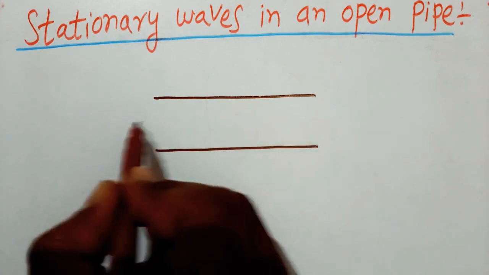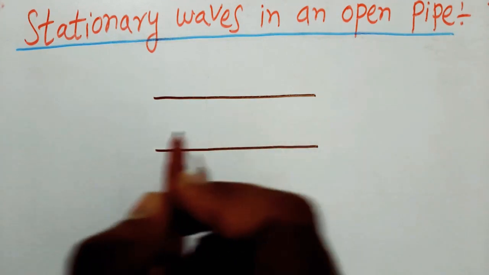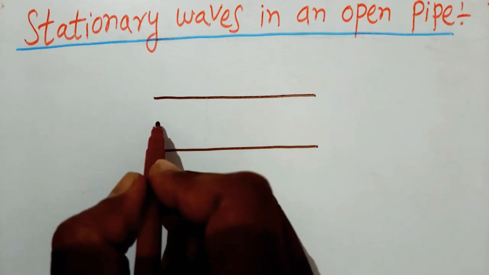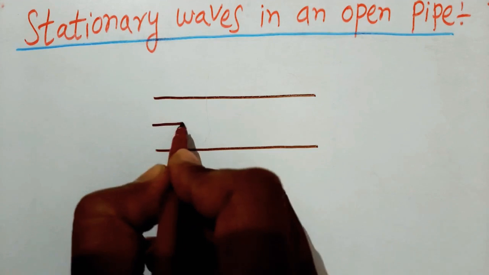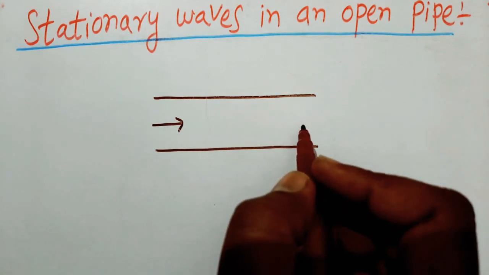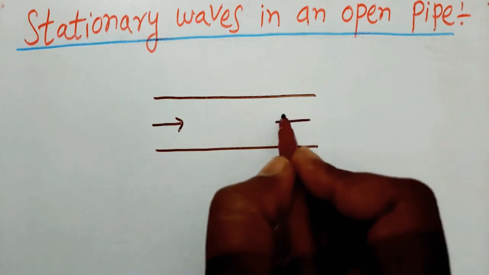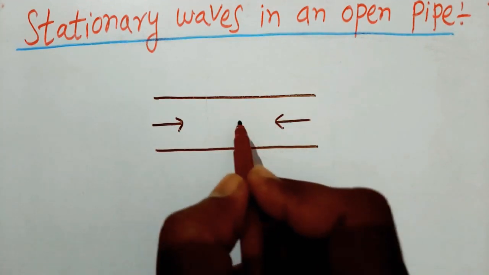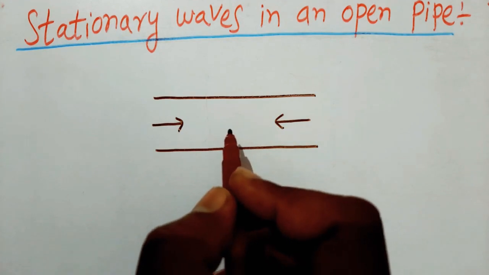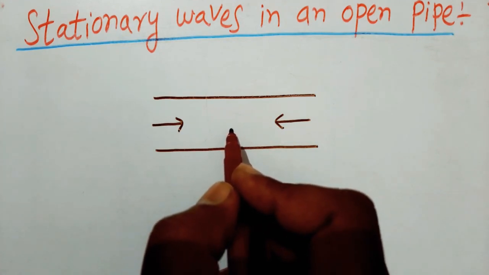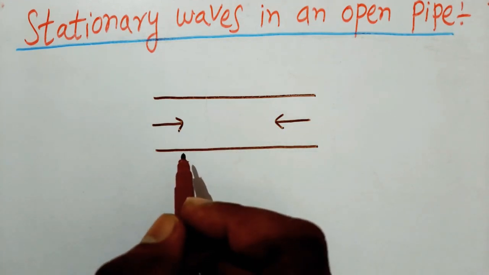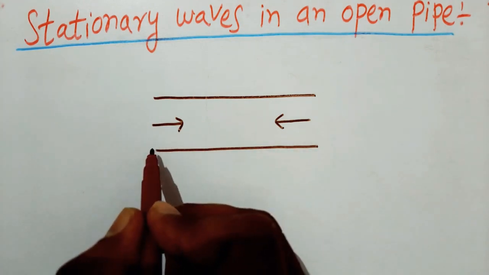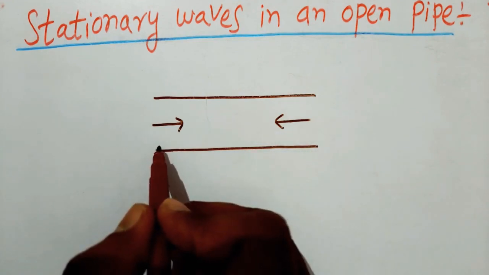Here both ends are open. When a longitudinal wave is sent into an open pipe, it is reflected from the other end. So here the incident wave and reflected wave overlap each other and produce a stationary wave. In an open pipe, antinodes are obtained at both ends.